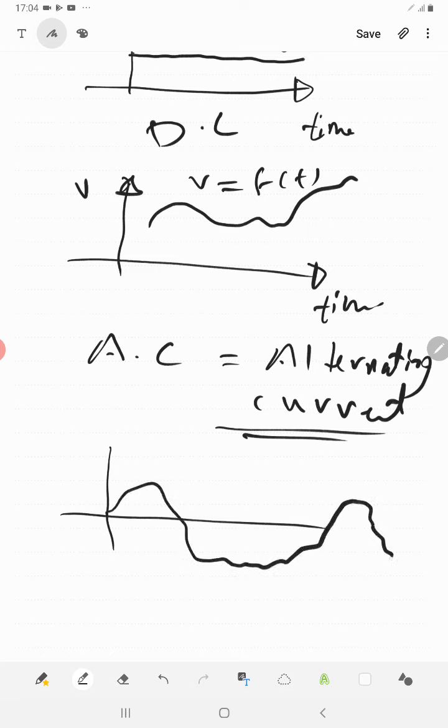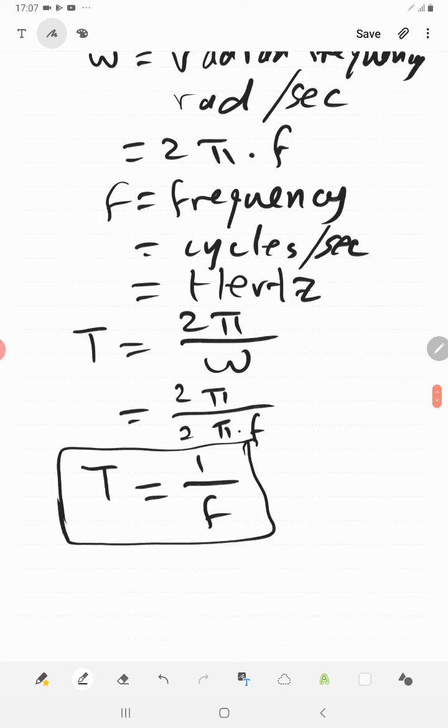Okay, so if we substitute that, T is equal to 2 pi divided by omega, which equals 2 pi divided by 2 pi times f. So T is equal to 1 over f. Okay, so that's the meaning of frequency or radian frequency omega. F is in hertz or cycles per second.